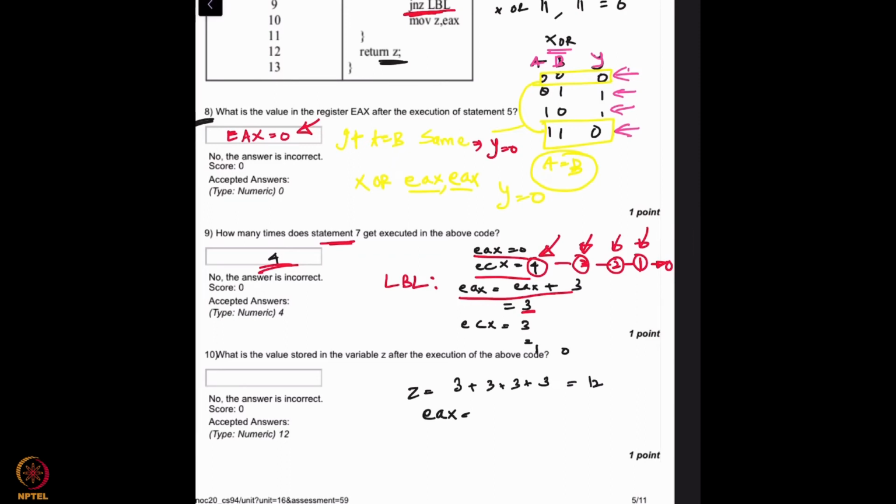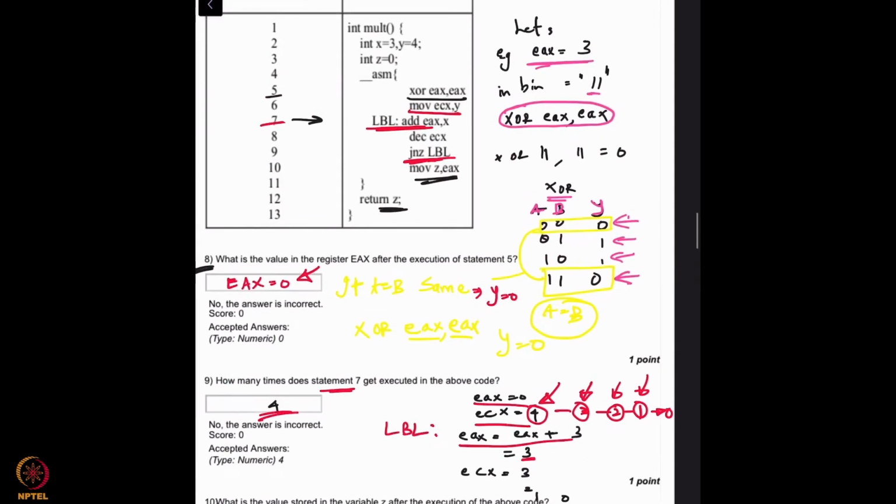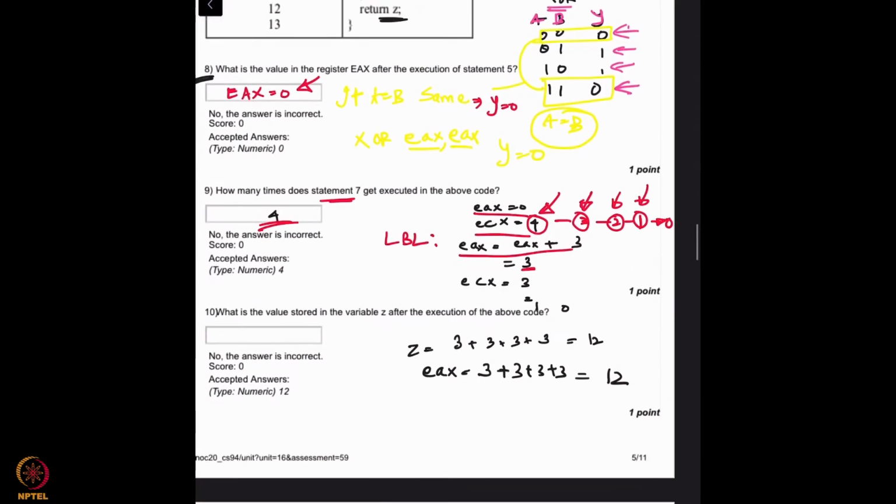It is first added with 3 and then another 3 and then another 3 and then another 3, which in total is 12, which is now moved into Z in line 10. So Z is equal to 12.